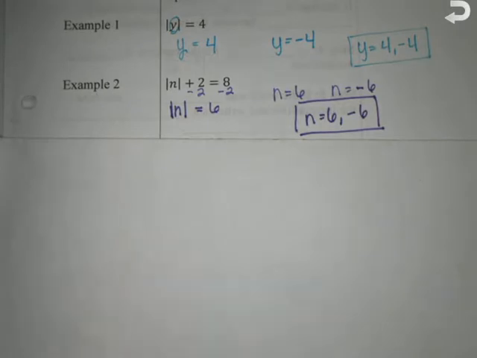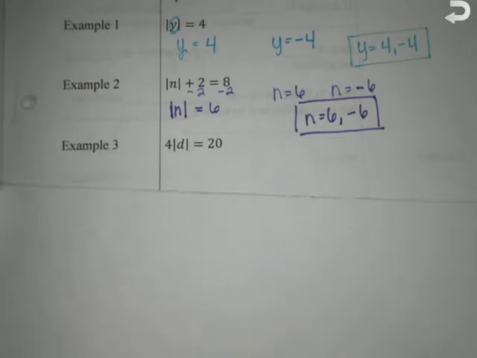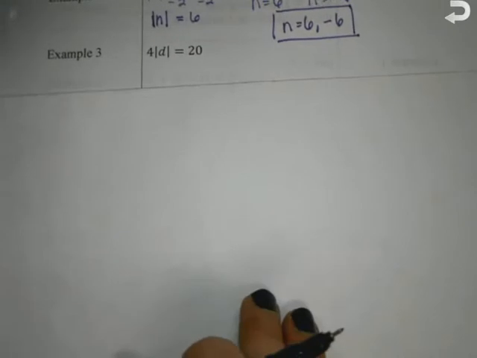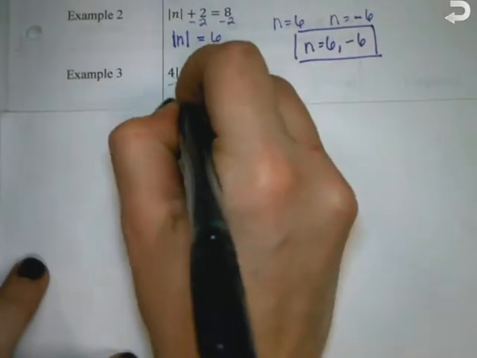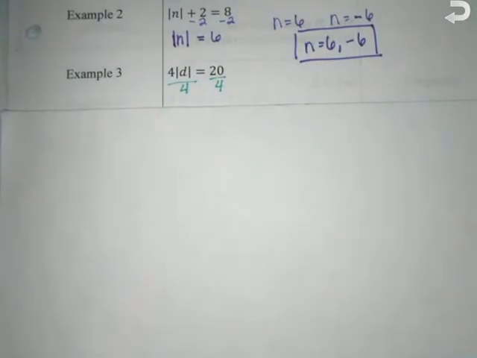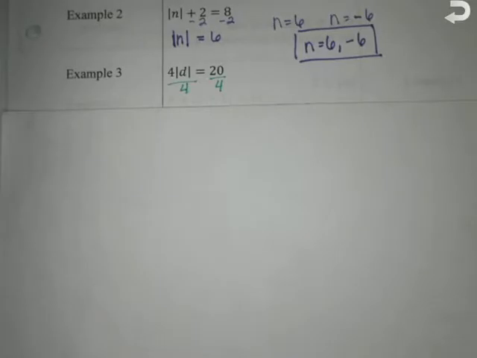Okay, what happens if there's a number on the outside of the absolute value? How would I get rid of that? Divide by 4. Good. So we want to divide both sides by 4. Please do not try to use the distributive property. Absolute value bars are not the same thing as parentheses. Okay, so you cannot distribute the 4 in. Got it? Do not do it.